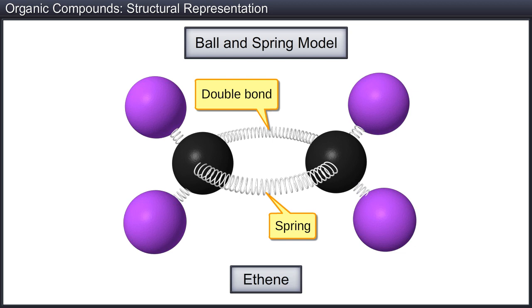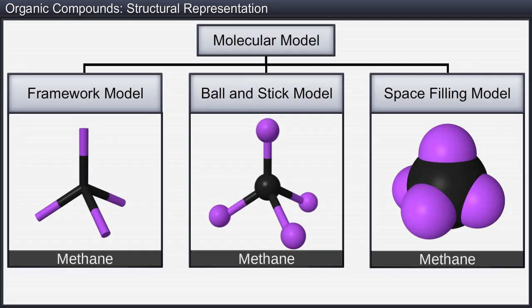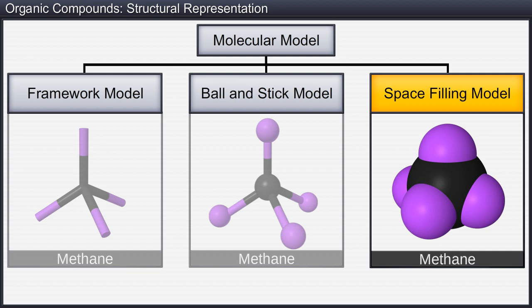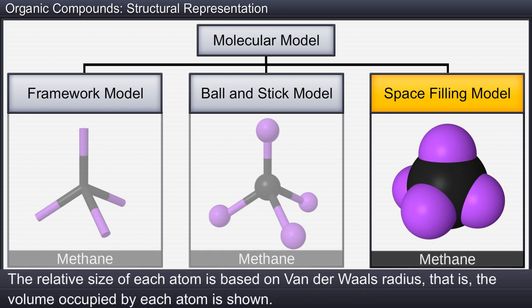Hence, this type of model is called ball and spring model. Another type of molecular model is the space-filling model. The relative size of each atom is based on van der Waals radius. That is, the volume occupied by each atom is shown. Bonds are not shown in this model.